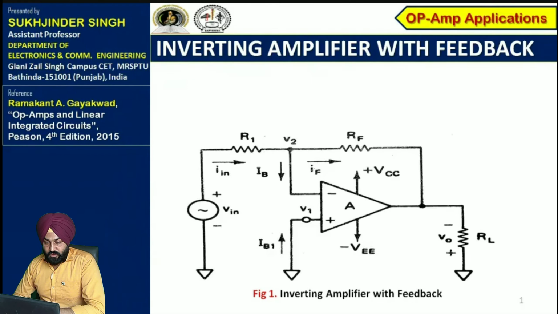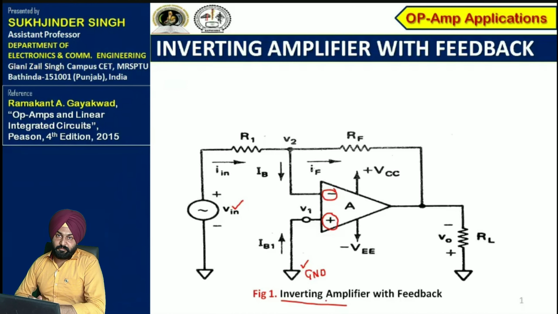As you can see from this diagram, the positive terminal of op-amp is kept at ground potential, that is 0 volt, and the negative terminal of op-amp is connected to input supply, that is Vin. So that's why it is referred to as an inverting configuration. That is, the inverting terminal is connected to Vin and the non-inverting terminal is kept at ground potential.